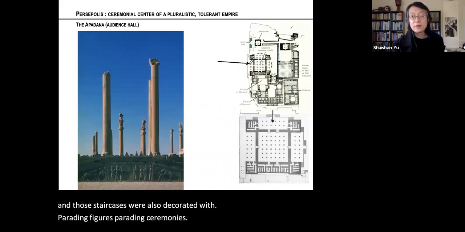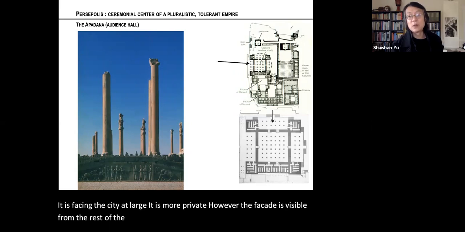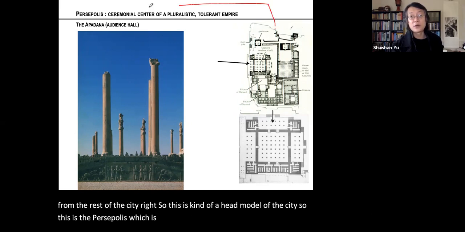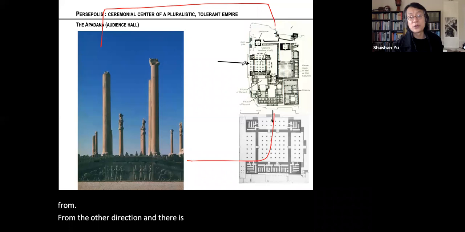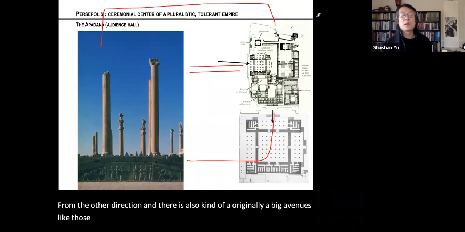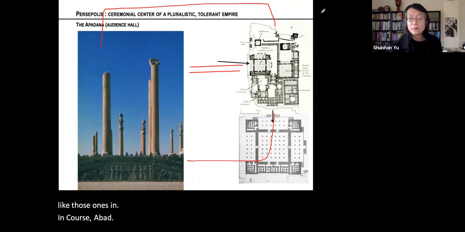The west direction is facing the city at large. It is more private. However, the facade is visible from the rest of the city, right? So this is kind of a head model of the city. This is Persepolis, which is the headquarters. The city at large extends from the other direction, and there were also originally big avenues like those in Khorsabad and Nimrud.